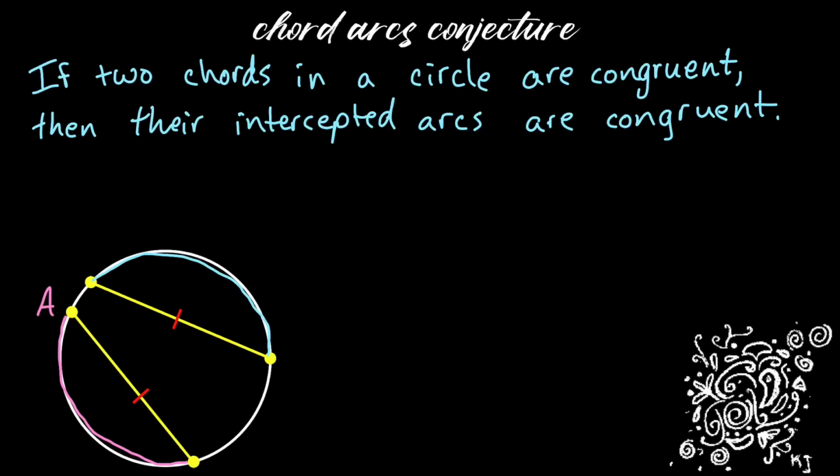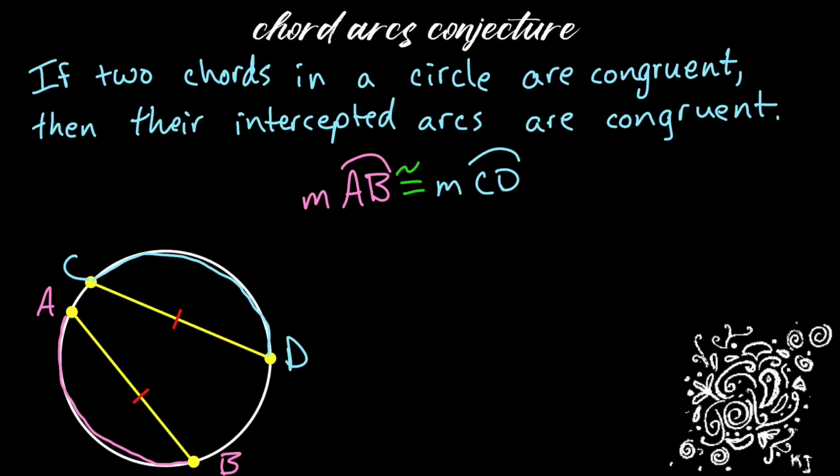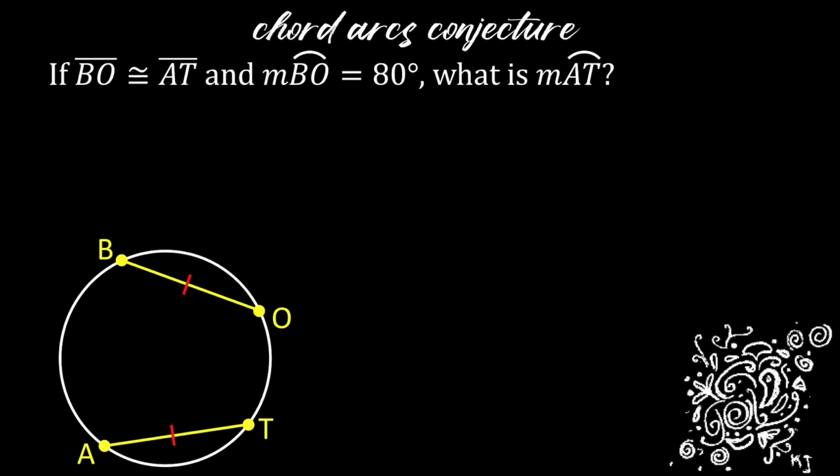I'll give this A, B, C, and D. So what we then have is that the measure of arc AB has to be congruent to the measure of arc CD. That's the conjecture.